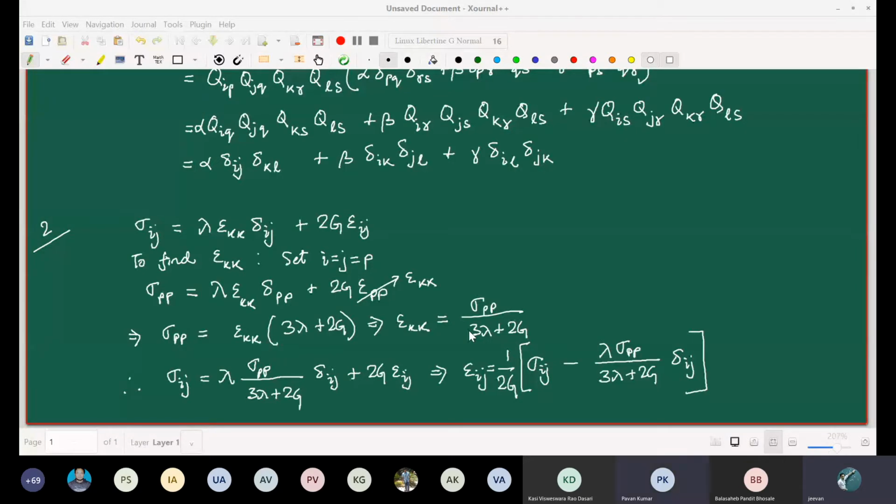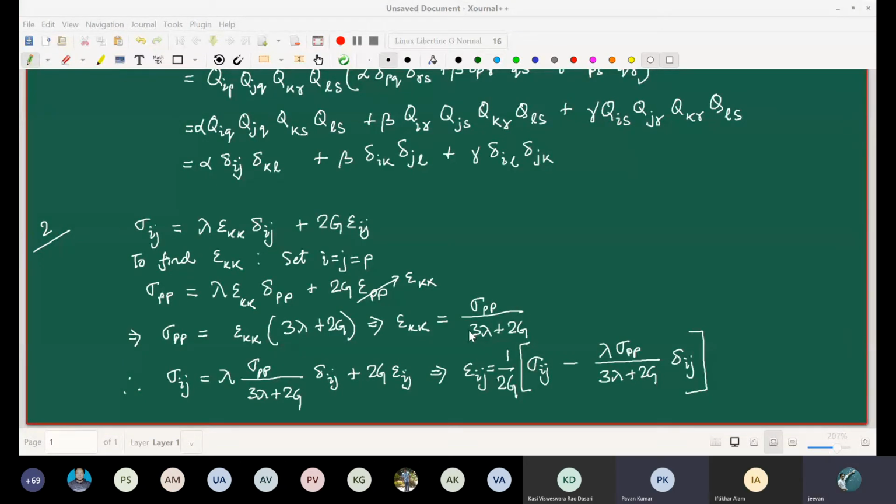That I will do in the next step. If we take i to j, then the reduced form will become Cik equal to lambda plus 2G into delta ik squared. If I take i equal to k equal to 1, then we'll get the form for lambda. If I don't take i equal to k, then we'll get for G.